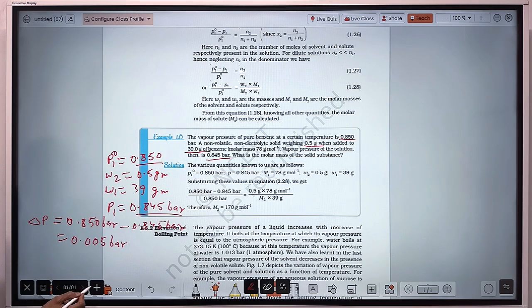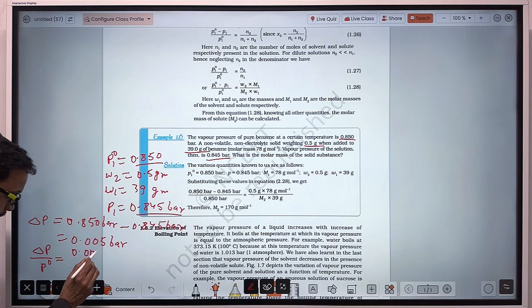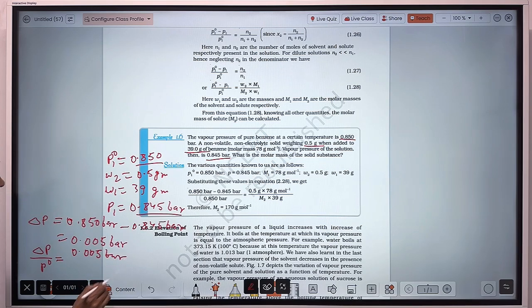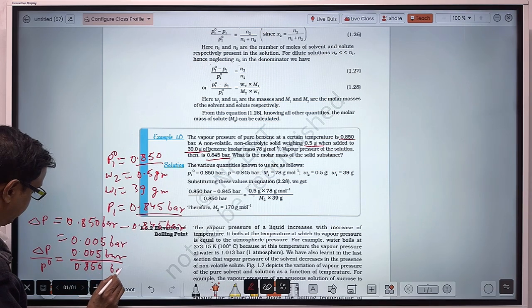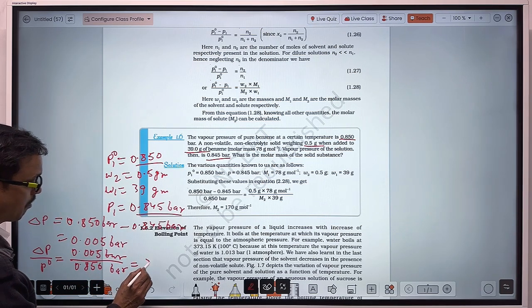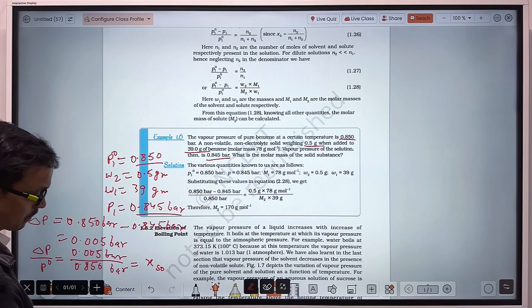And the relative lowering of vapor pressure, that means delta P upon P degree, will be equal to 0.005 bar upon 0.850 bar, and that is equal to the mole fraction of solute.